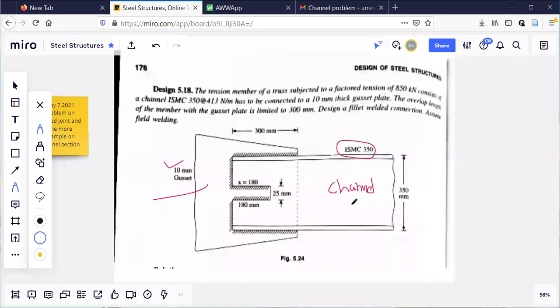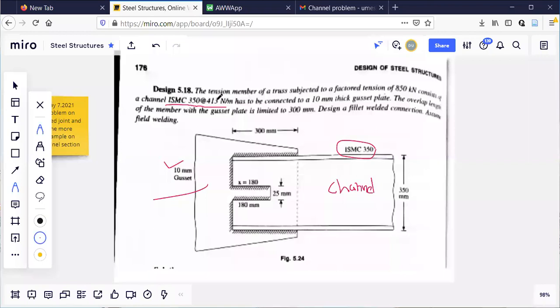So the member is not a plate, it is a channel section. ISMC 350 is given in the question paper. See in the problem, ISMC 350 is given, which means you can refer to the steel table.